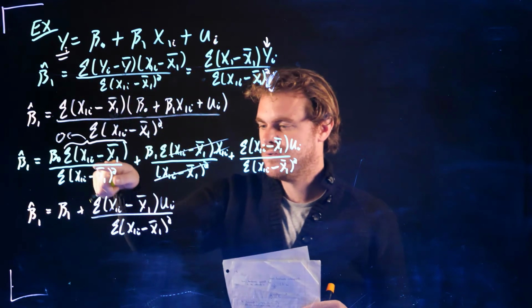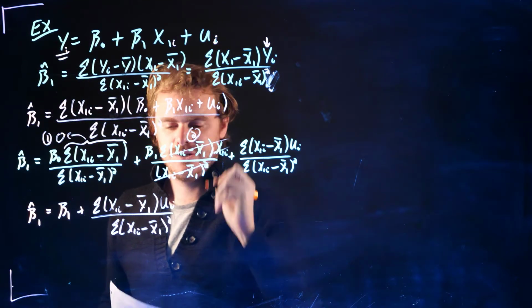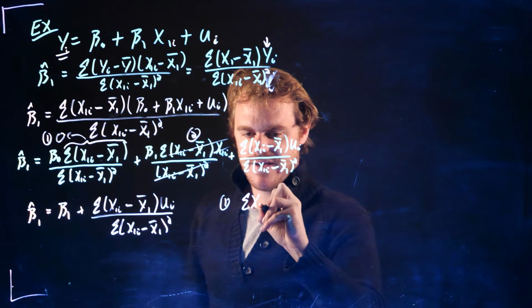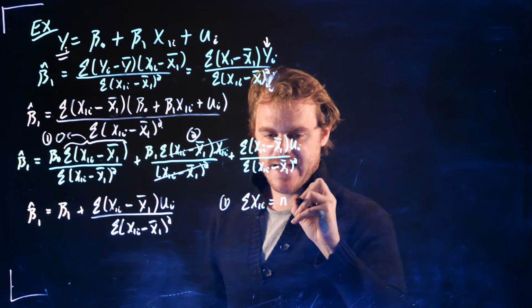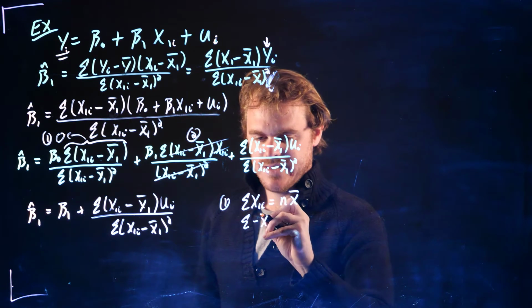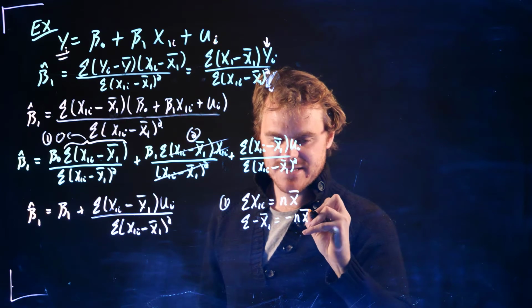So here, maybe I'll put a little 1 and a little 2. 1 is using the fact that the sum of x1i equals n times x bar, and the sum of negative x bar 1 equals negative n times x bar.